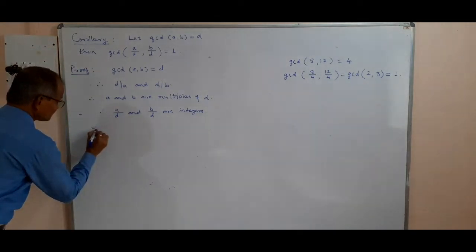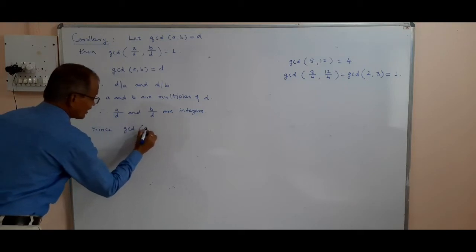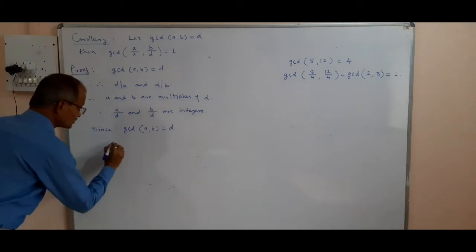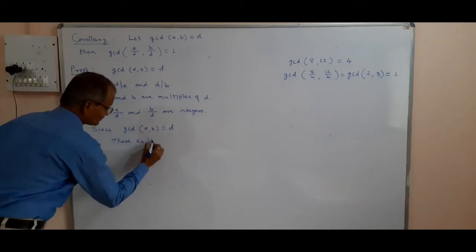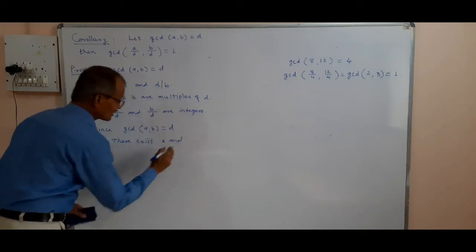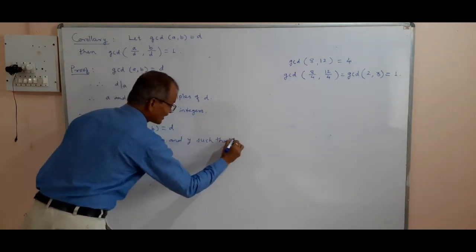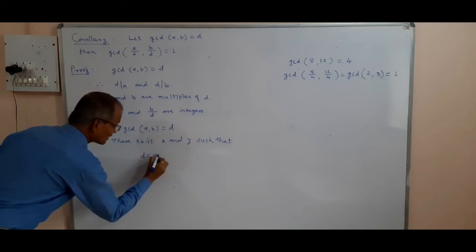And further, now we have to consider the GCD of A by D, etc. Now since GCD of A and B is equal to D, we can write there exist two integers x and y, such that, by theorem 3, D is equal to ax plus by.